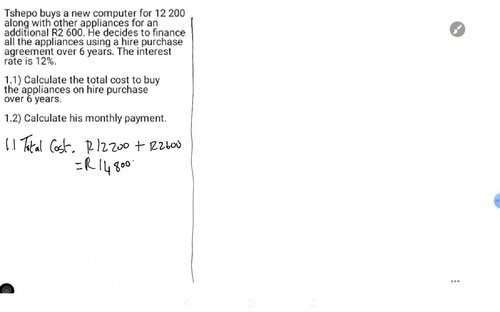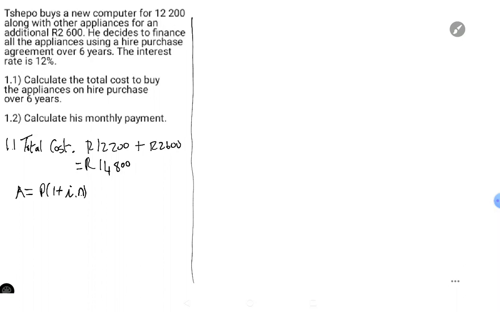When you hear hire purchase, think simple interest. So the first thing that we need to do is have our simple interest formula, right? And so that formula is P(1 + i × n). Okay, so that is our formula.